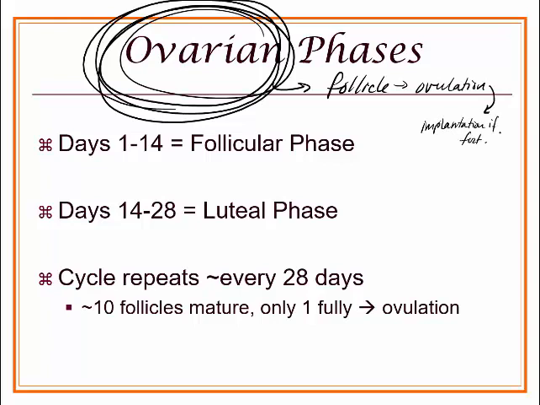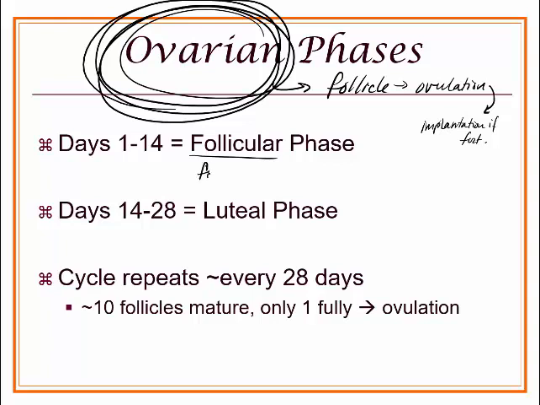Okay, so this is ovary stuff. Later we'll do uterine stuff. Okay, so the ovarian phases are divided into two-week phases. Days 1 through 14 are called the follicular phase.